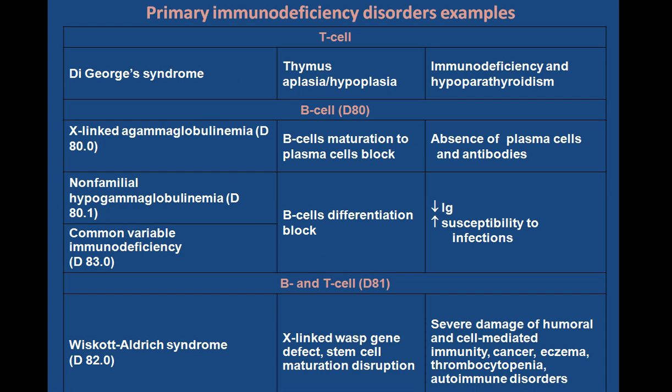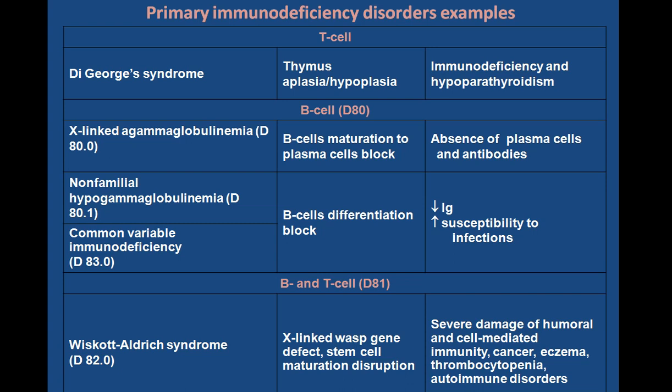So, examples of primary immunodeficiency disorders: T cell disorders, DiGeorge's syndrome. We can find thymus aplasia and hypoplasia. So it leads to immunodeficiency and hypoparathyroidism.